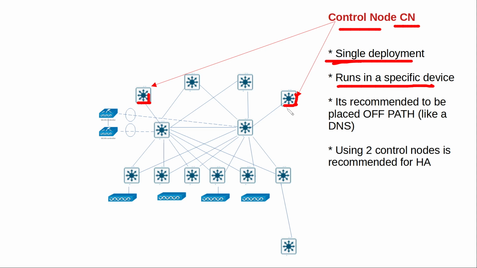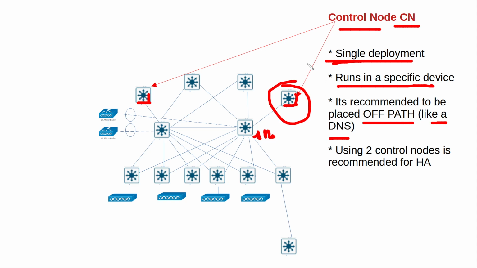And given it is running in a single device, it is recommended to be placed off path, like a DNS server does. So notice here that this device, this control node, is not forwarding traffic, and this means that it is off path. This is one way of doing it, connecting it to an intermediate node.